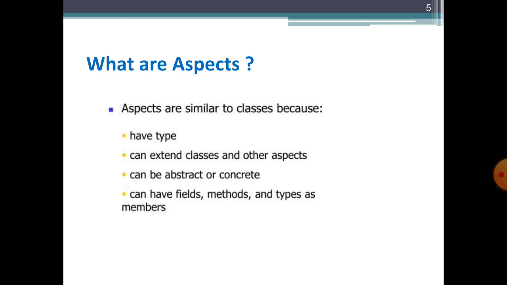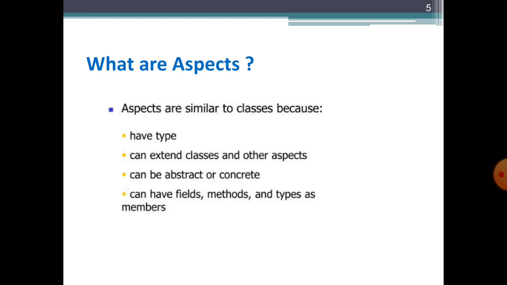In aspect oriented programming, we break down a program logic into distinct parts, and these parts we call the concerns. You should be clear about what is an aspect and what is a concern. So an aspect is a module which encapsulates a concern.